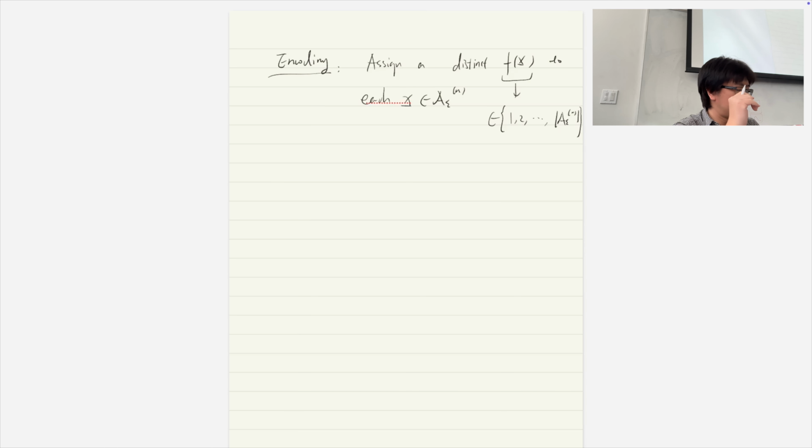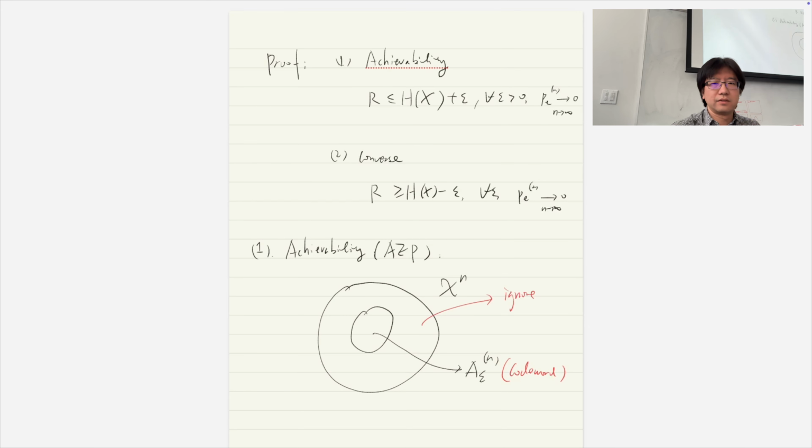And then it is not enough yet, because the source information is everything here, right? So what about the rest? We throw that away. But the decoder needs to know what is going on. So when something is here, we assign a special symbol for it. So it is an error.